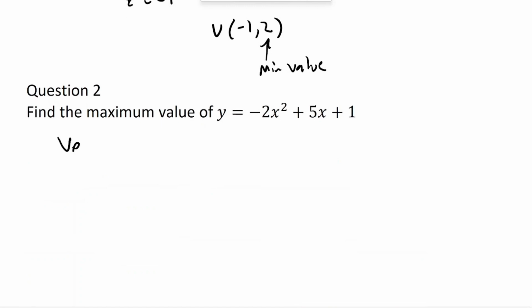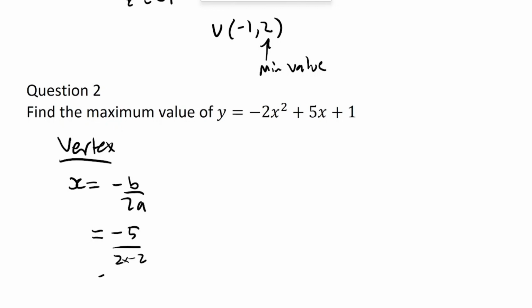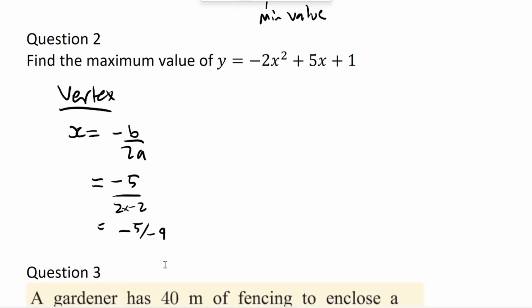Alright, next we're going to find the maximum value of this one. So for the vertex, x equals minus b over 2a, which is going to be minus 5 over 2 times minus 2, which is minus 5 over minus 4, which is going to be 1.25.